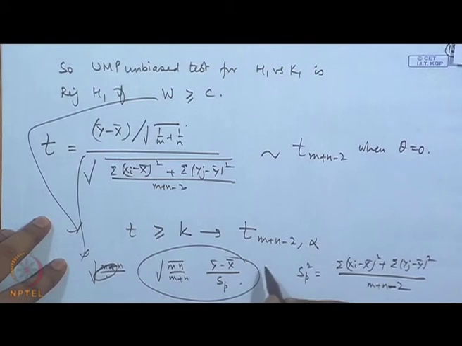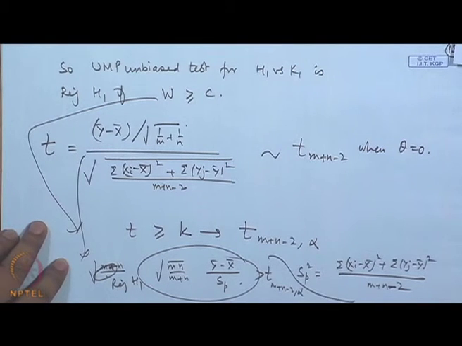So, the test is: reject H1 if this is greater than t_{m+n-2, alpha}. We have an exact UMP unbiased test.